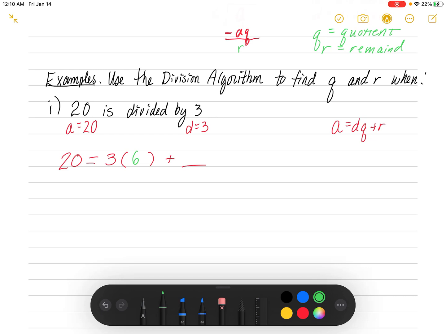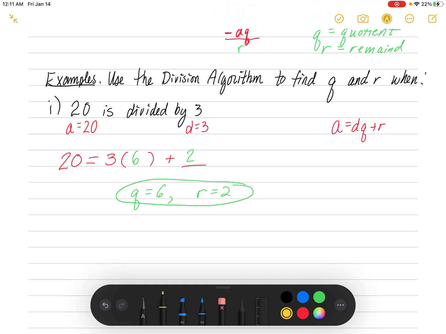I took 20 divided by 3, got 6.6 repeating, used the floor function, and my quotient q is going to be 6. Then we're going to take 20 minus 3 times 6 to get the remainder. What is 20 minus 3 times 6? Well, that's 20 minus 18. That's a remainder of 2. That means our q is 6, and our remainder r equals 2.